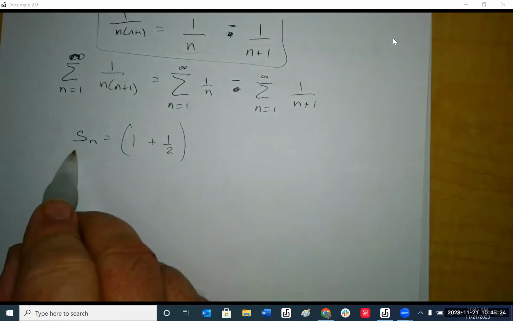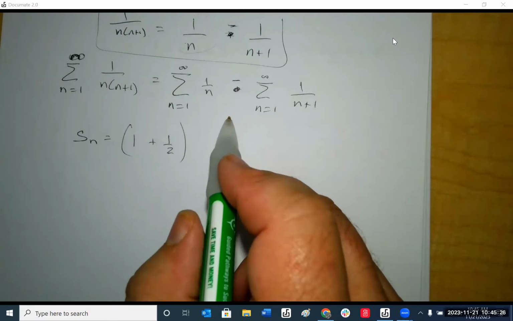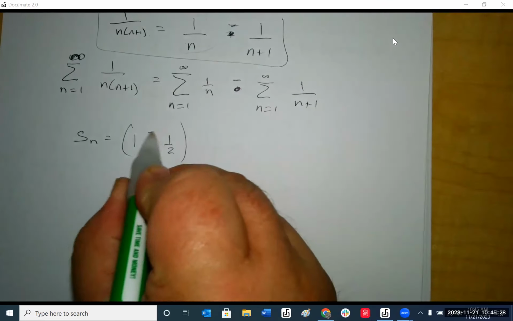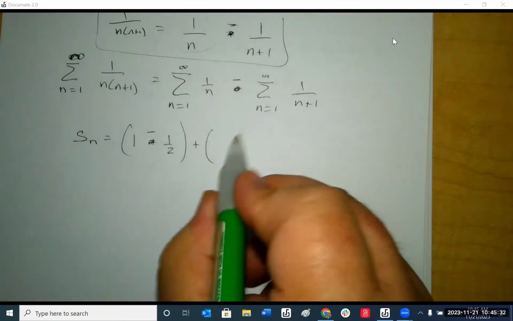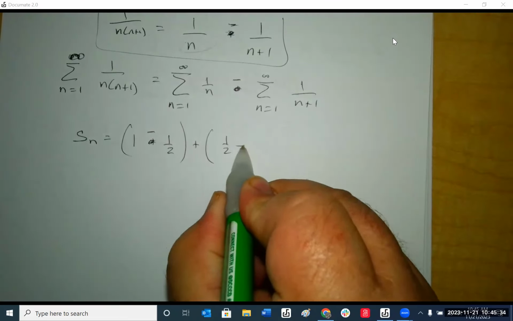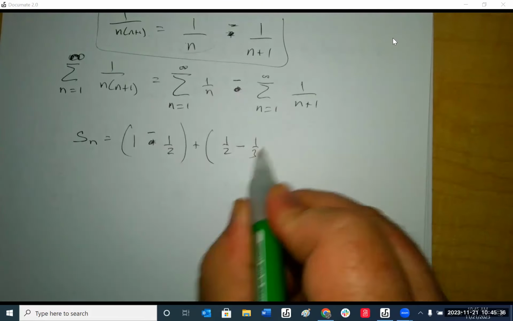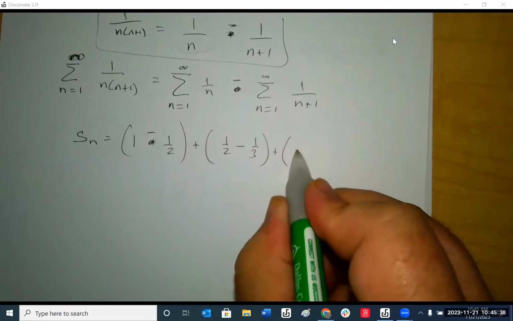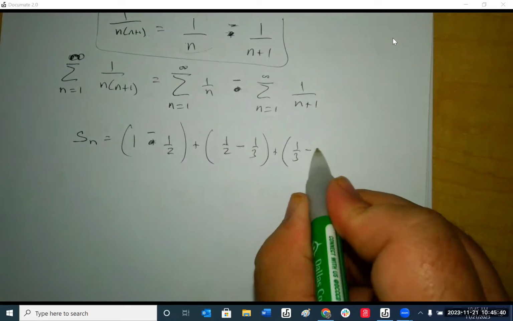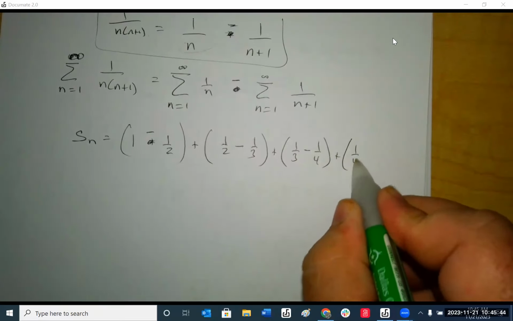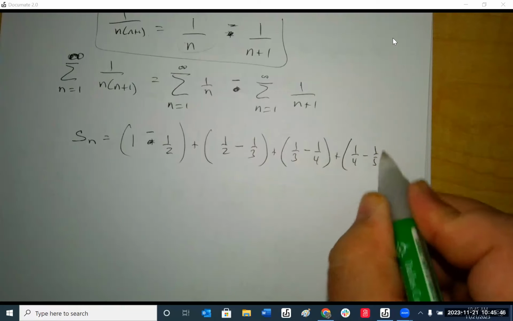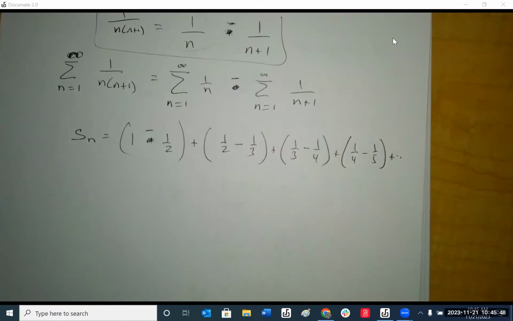Okay, so when n is 1, we have this. Summation when n is 2, which is 1 over 3. When n is 3. When n is 4. Keep on going.